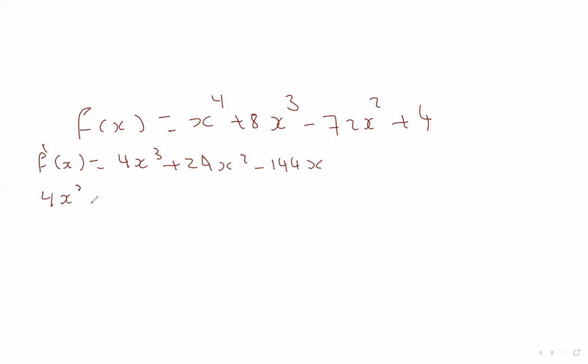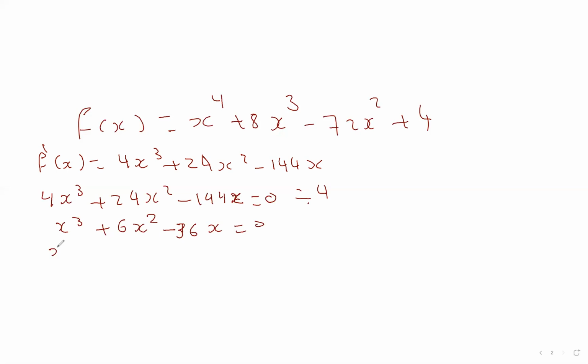So 4x power of 3 plus 24x squared minus 144x equals 0. Divided by 4 will be x power of 3 plus 6x power of 2 minus 36x equals 0. You take x common, so x times x squared plus 6x minus 36 equals 0.